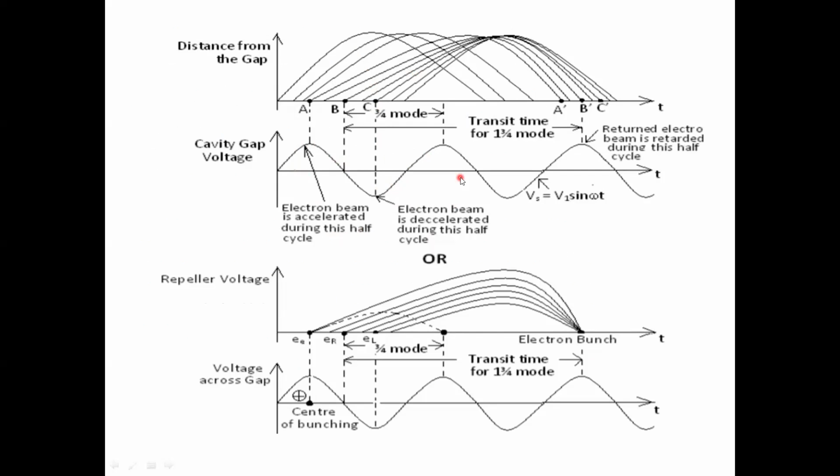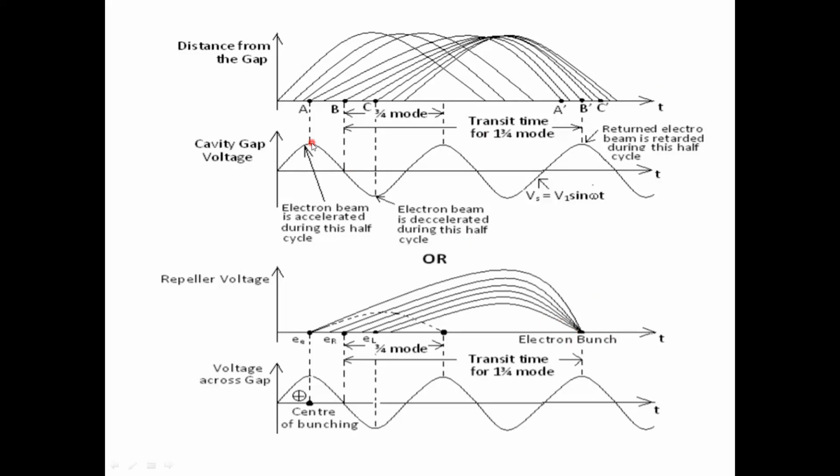This is called the transit time for a given mode of harmonic frequency. That is called n, and n is the integer wherever particular electrons are reaching to form the bunch of electrons.